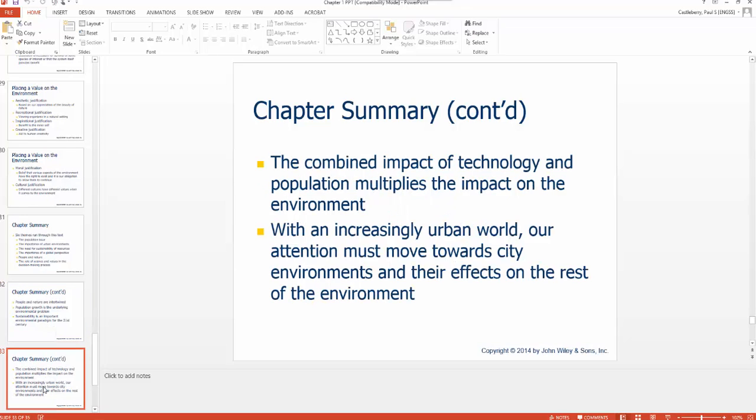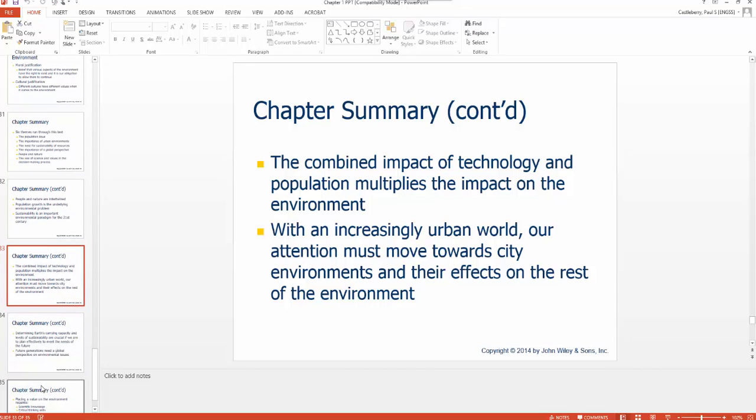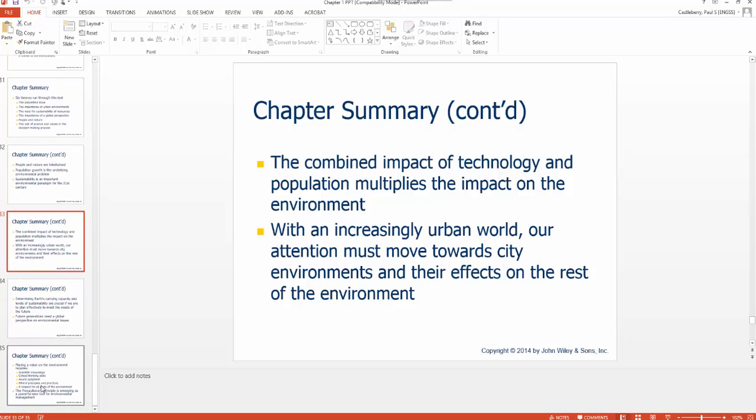We'll also take a look at how technology has impacted population, how that impacts the environment, and then as we're heading toward an increasingly urban world, we need to look towards cities to see how they have impacts on the environment.